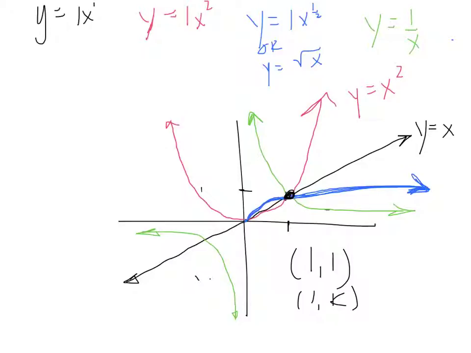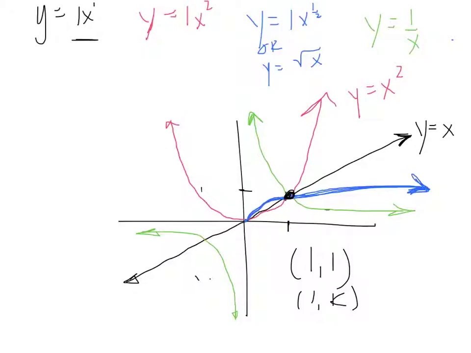Now, again, let me talk about the power of each one of these parent functions. For the linear function, the power of x is 1. So when you're given a monomial or a power function that has the power of 1, it's going to mimic that of a line.